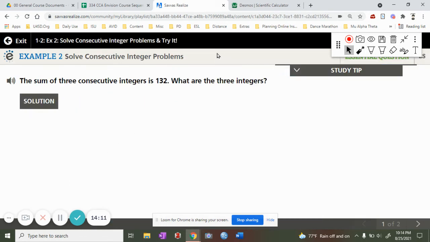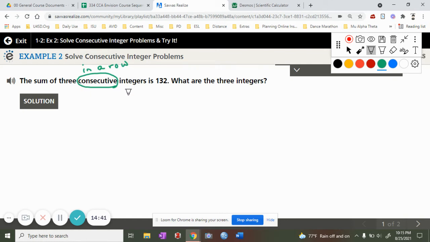The next type of example we have is a consecutive integer problem. So the sum of 3 consecutive integers is 132. So we have some vocabulary here. What does consecutive mean? Consecutive means in a row or next to. So in a row. 3 integers in a row.